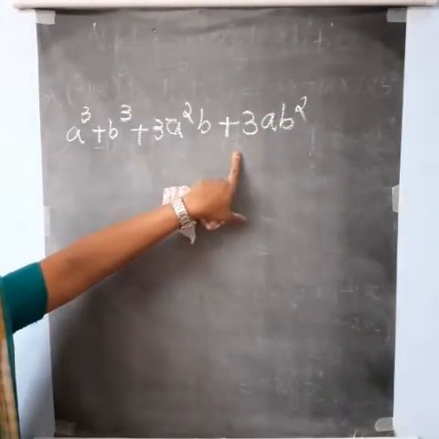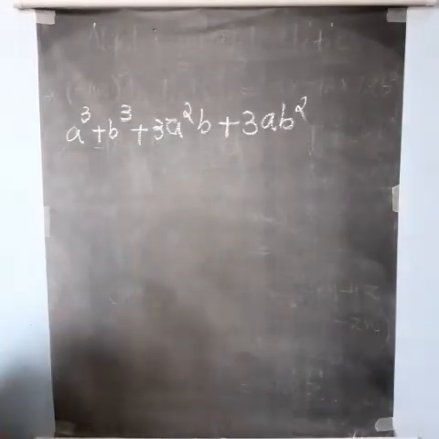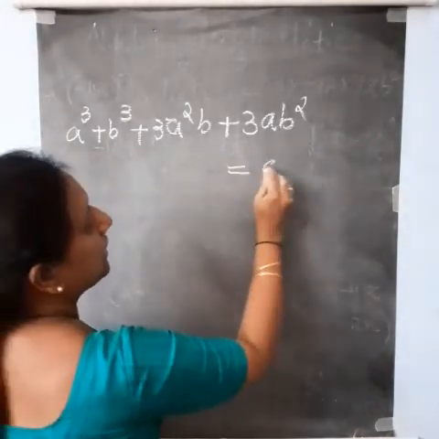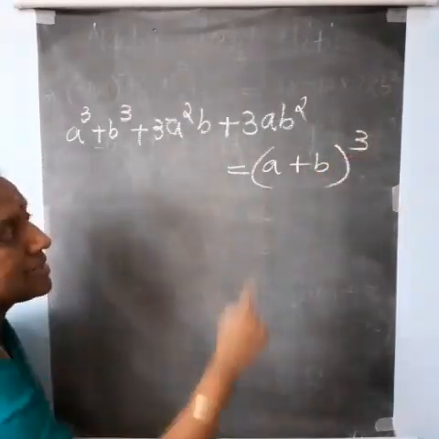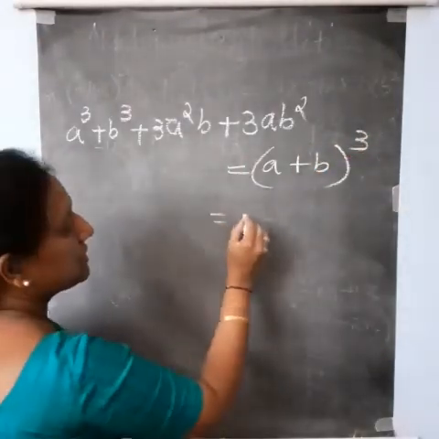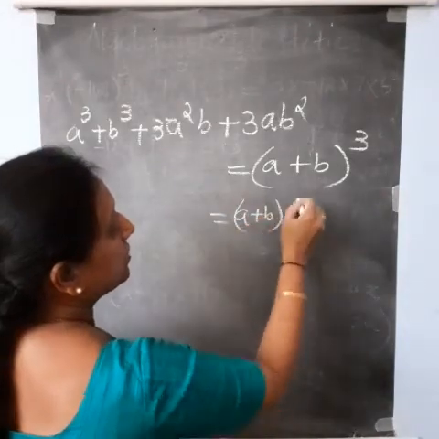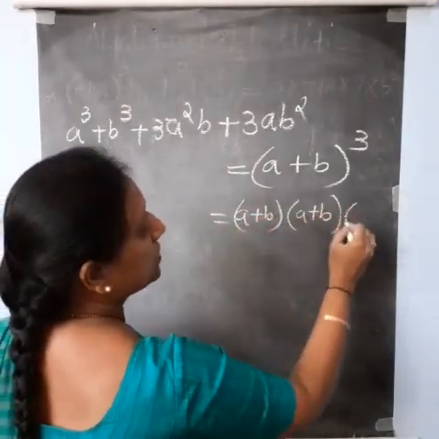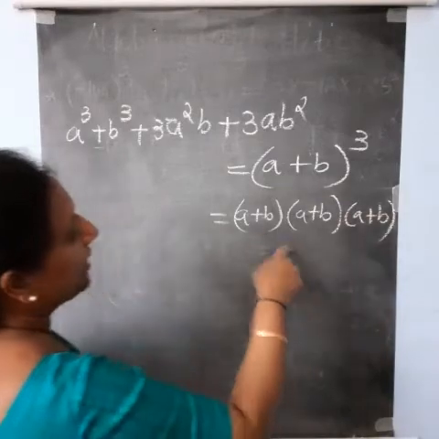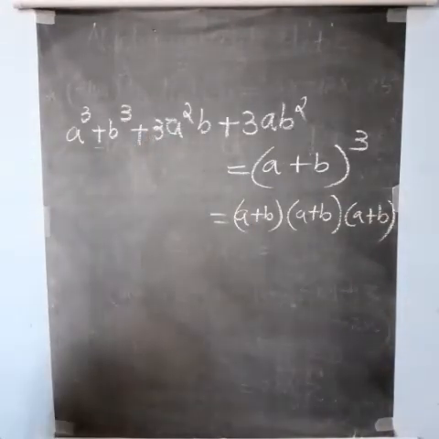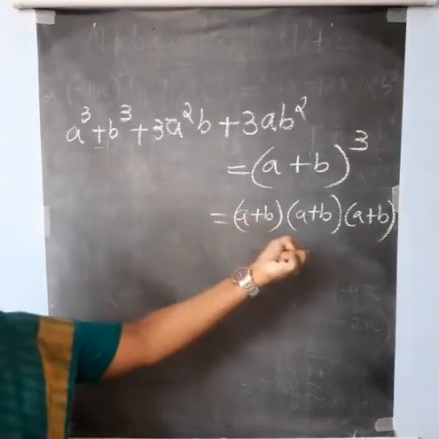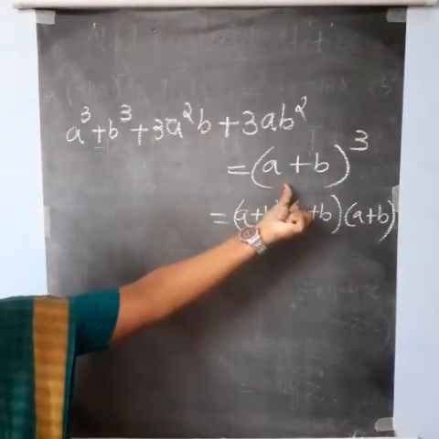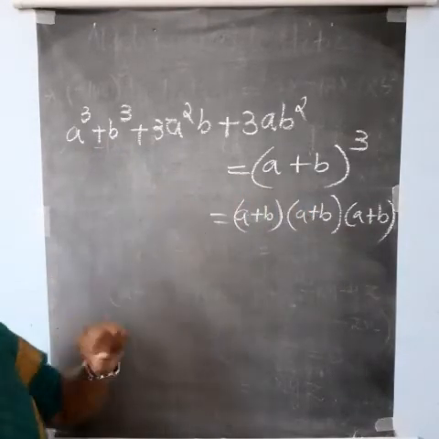This is the expanded form of which formula? This is equal to a plus b the cube. So have I factorized this? Actually, it is a plus b into a plus b into a plus b. So when the identity is fully expanded, we can factorize and shrink it to the original form also. Understand? So that is something you can do.